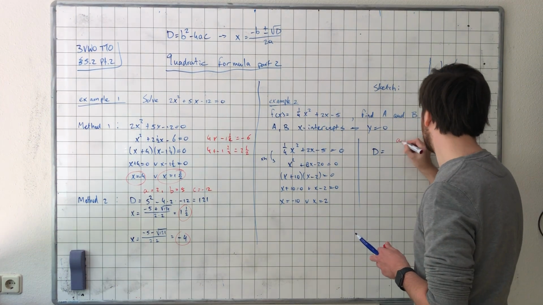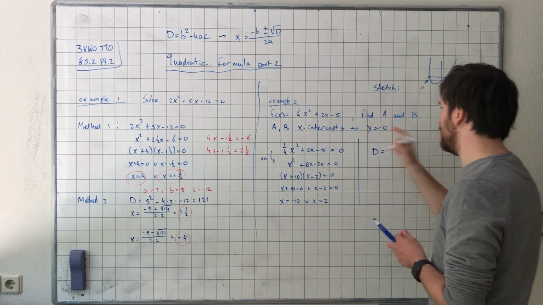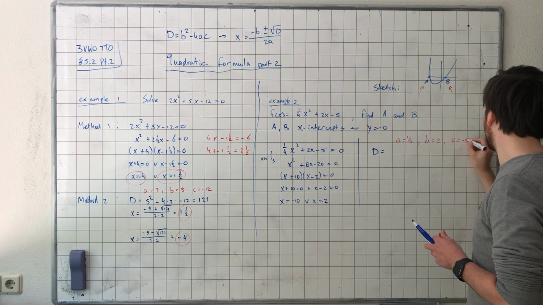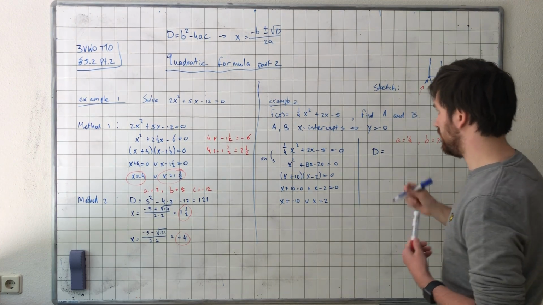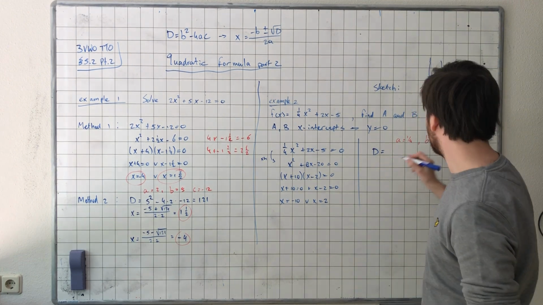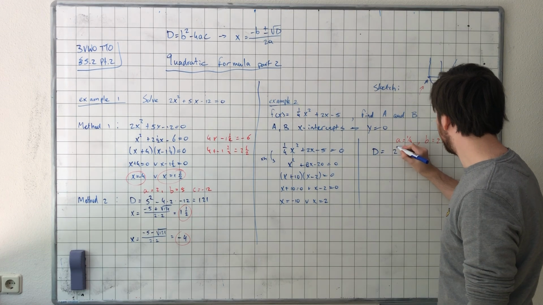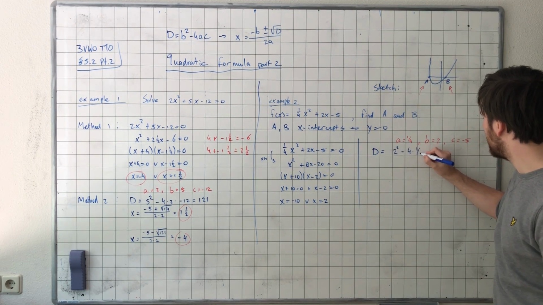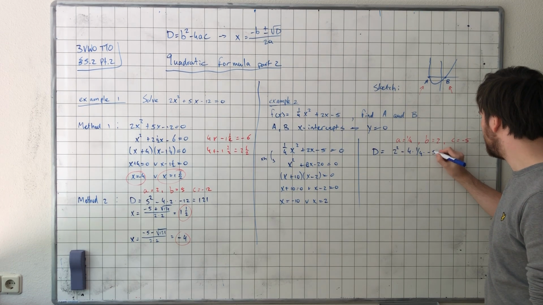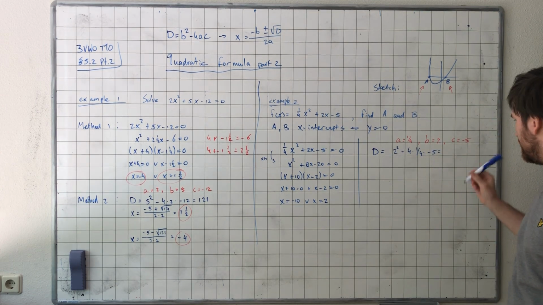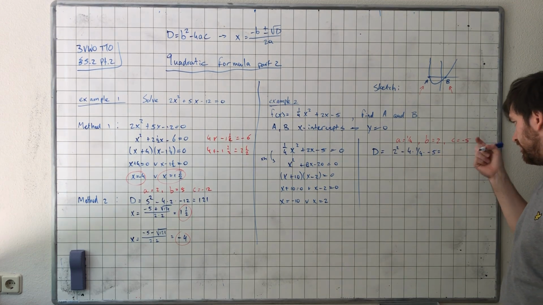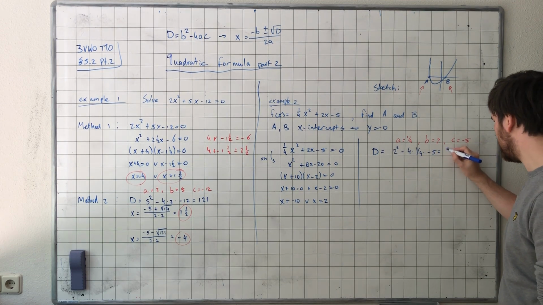A is 1 quarter, b is 2, c is minus 5. So the discriminant would be 2 squared minus 4 times a quarter times minus 5, which is 4 minus 1 times minus 5, which is 5, so 4 plus 5 is 9.